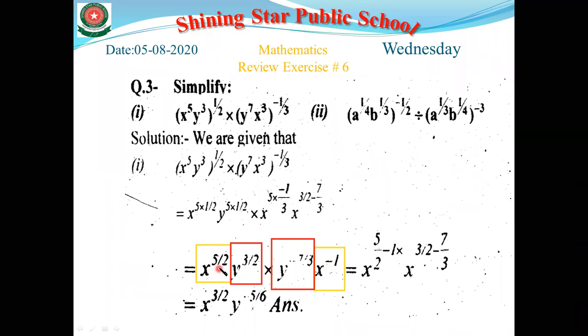So we add 5 over 2 minus 1. Okay. And for the y, 3 over 2 minus 7 over 3. When we take the LCM, 2 multiply 1, 2. 5 minus 2, 3. 3 over 2. And here 3 over 2 minus 7 over 3. So it becomes 5 over 6, which is your required answer.